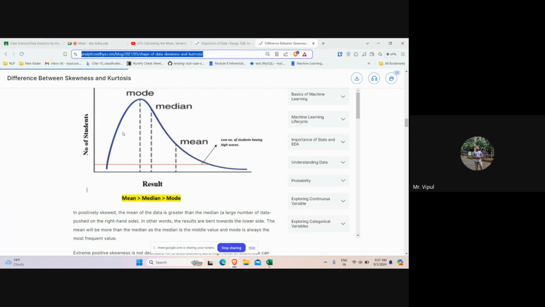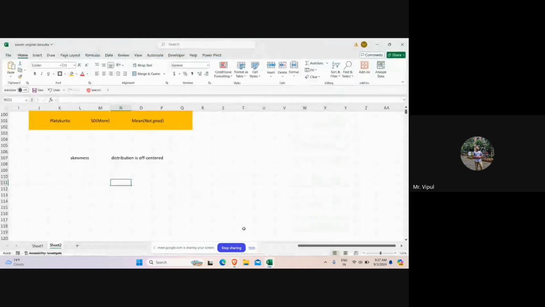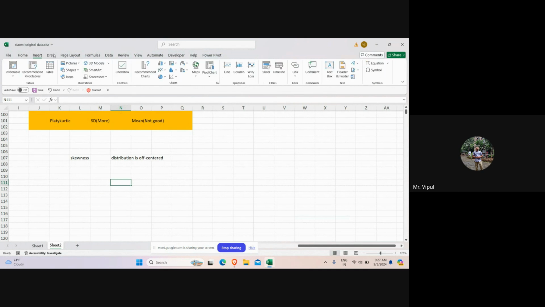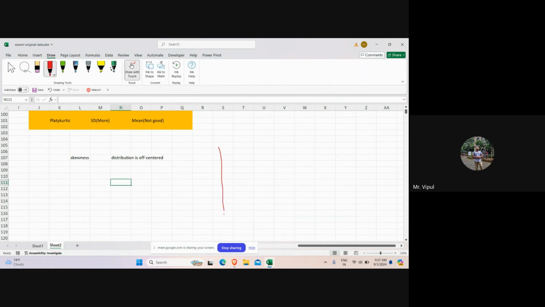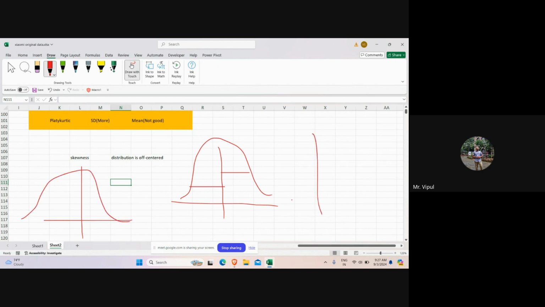So there are two types of distribution, as we have discussed. One is symmetric, that is normal distribution. This is your symmetric distribution: 50% to the left hand side, 50% to the right hand side. This is unsymmetric, and this is also unsymmetric.